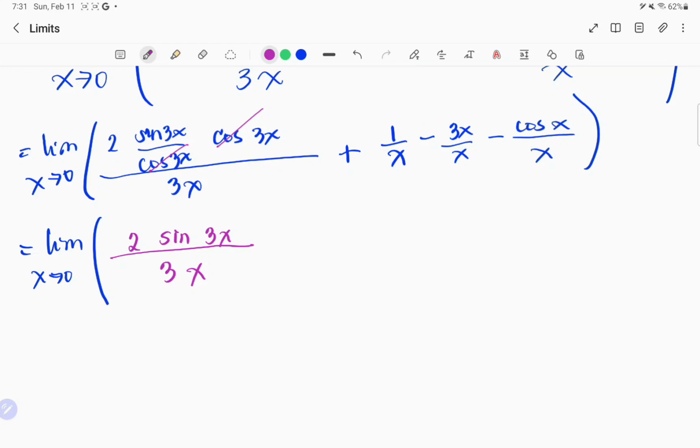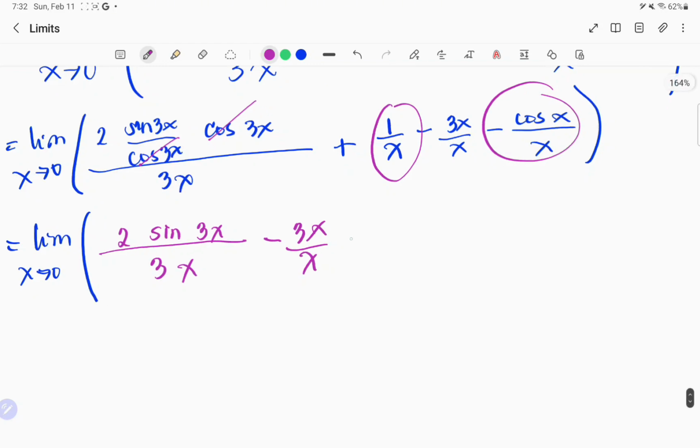Now for the second term, here, we have 3 more terms. I think I can combine my first term here and my third term as one, because number 1, they have the same denominator. I can combine the numerator and write one denominator. So plus 1 minus cosine x over x.